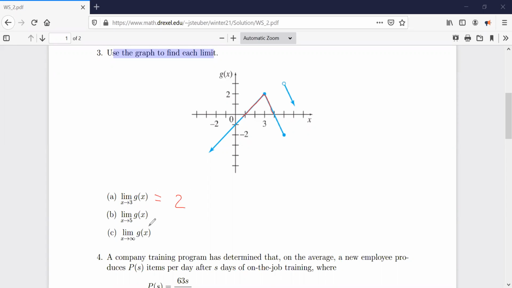Then as x approaches 5, I'm coming from the left side now, and the limit as x approaches 5 from the negative side is equal to -2. And the limit as x approaches 5 from the positive side is going to be equal to +3. So what does that tell me?